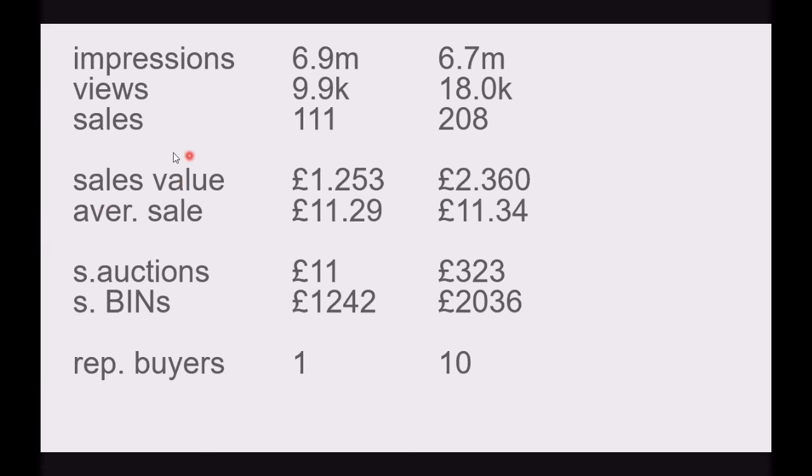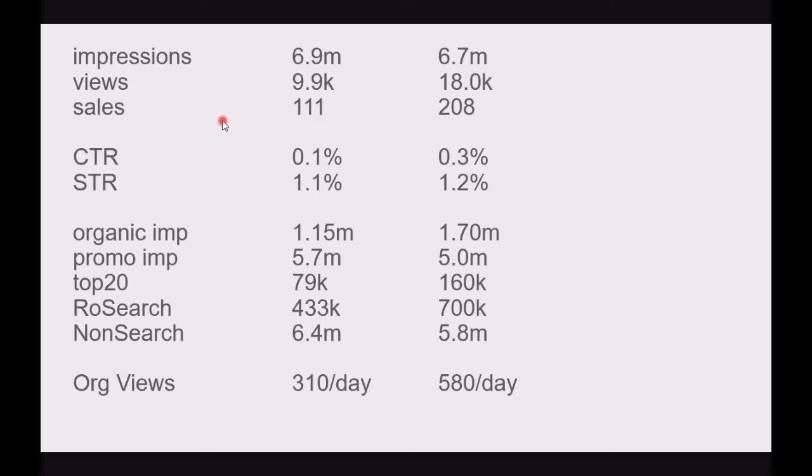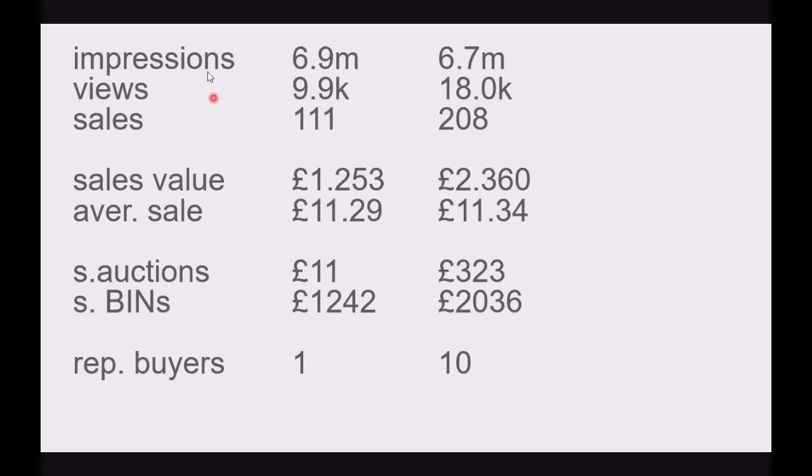Is that a pointer? Yeah, it is. Okay, so we can see it a bit better. In the top section, there are three most important numbers. This is October 23. This is January 24.